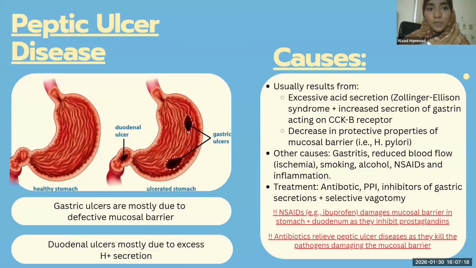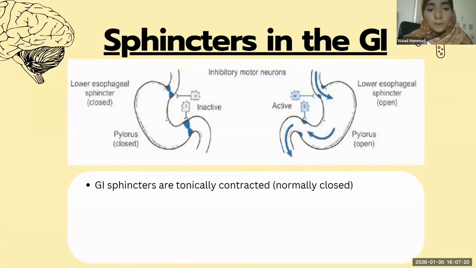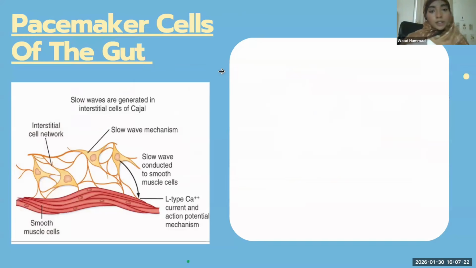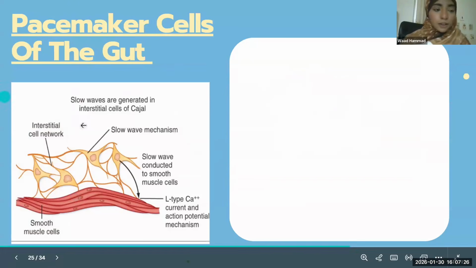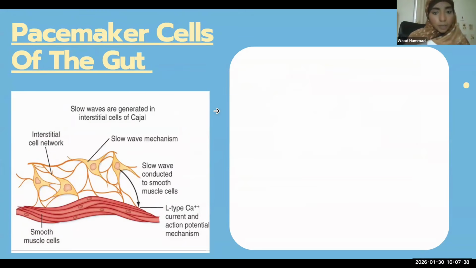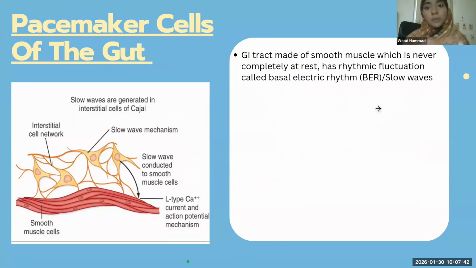You're right. Okay. For the next part, now that we're past that, we'll be talking about the pacemaking cells of the GIT. For this, I want to emphasize one thing. The membrane potential of our stomach is always fluctuating. It's never constant, okay? And because of that, we have slow waves in our stomach, which are also called basal electric rhythm.